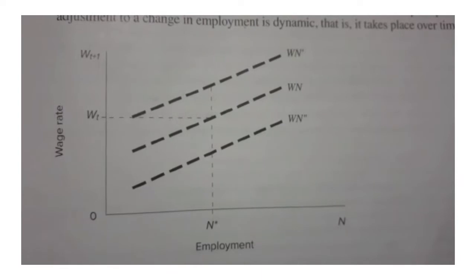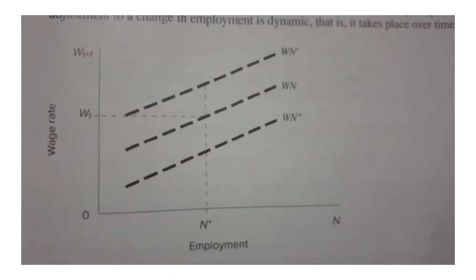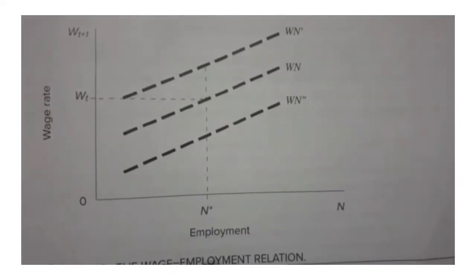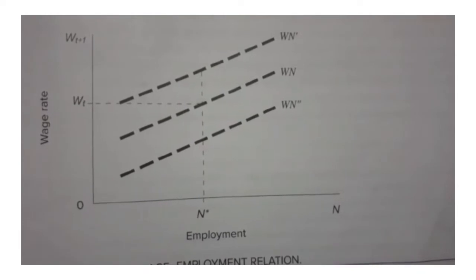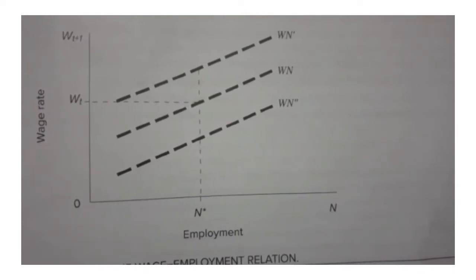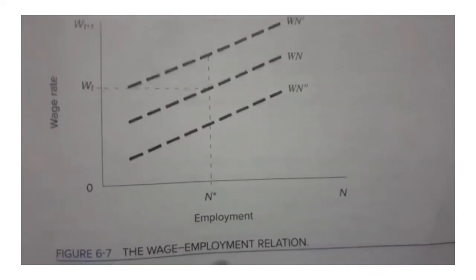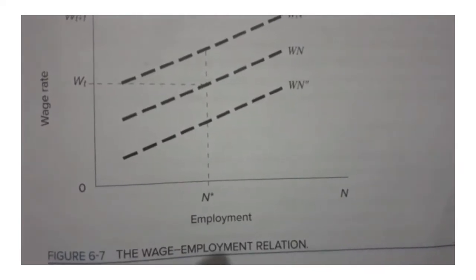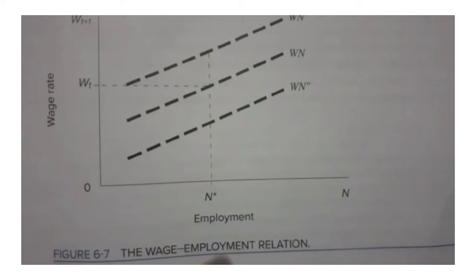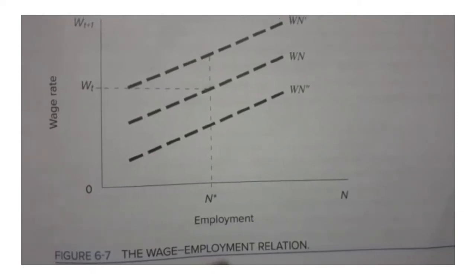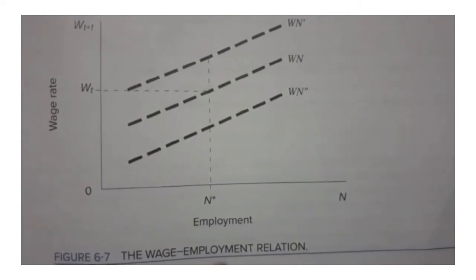Thus, changes in aggregate demand that alter the rate of unemployment this period will have an effect on wages in subsequent periods. The adjustment to a change in unemployment is dynamic.